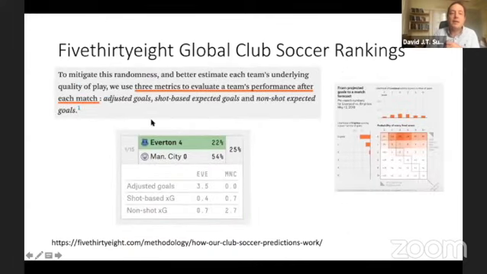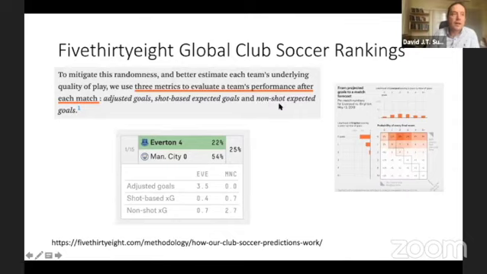Then they use goals, shot-based expected goals, and non-shot expected goals. So the expected goals we've talked about. Non-shot is basically how often the team gets into the box and is in near shooting positions. I haven't actually looked at this, of course, but it's an interesting model.